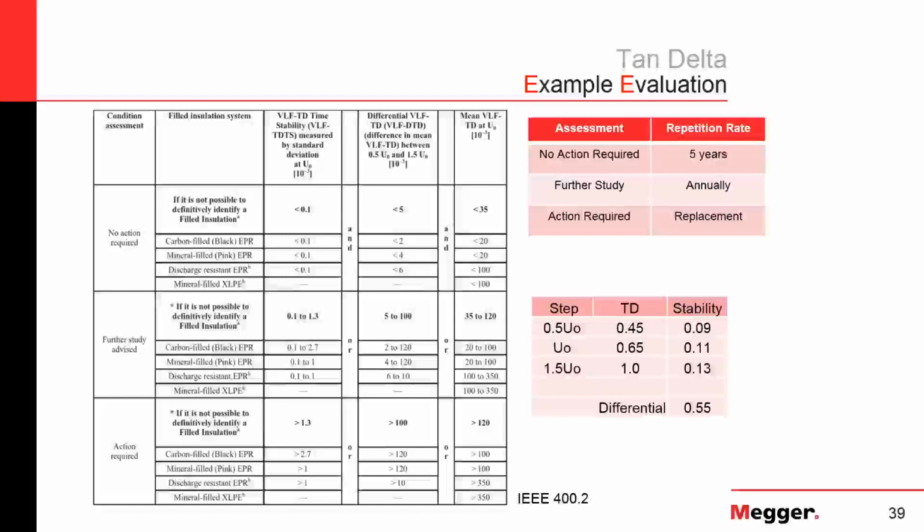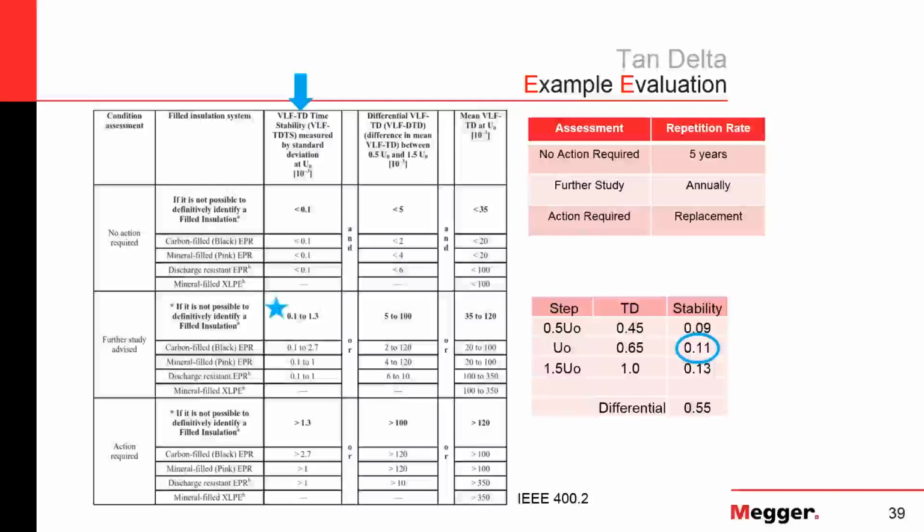Here's a section of the IEEE standard. And what we do is we start going column by column. So the first column here is VLF tan delta time stability measured by standard deviation at rated voltage. So the first thing we do is look at the stability measurement for the rated voltage measurement. And here we see it's 0.11.